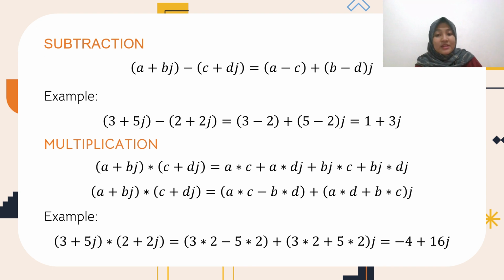And we have the example: (3 plus 5i) times (2 plus 2i) equals (3 times 2 minus 5 times 2) plus (3 times 2 plus 5 times 2) times i, and the result is minus 4 plus 16i.